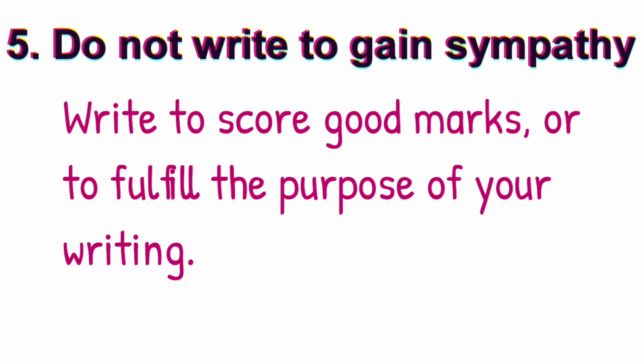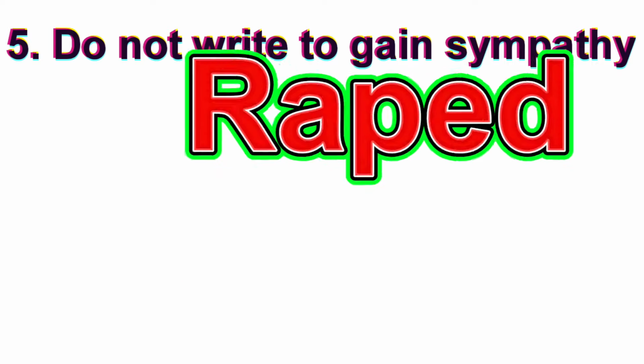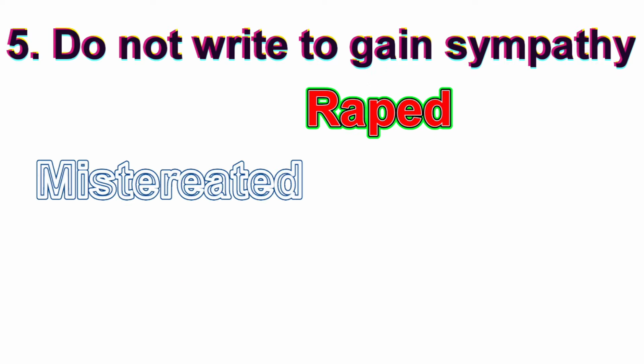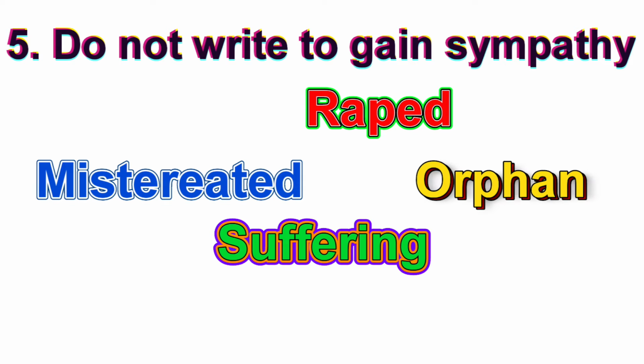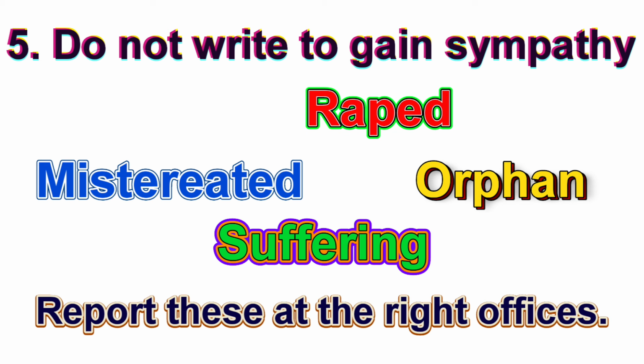Do not write to gain sympathy. In the exam room, you are writing to score good marks. So, if you were raped, mistreated, you are suffering, or you are an orphan, you cannot be helped during the examination. You need to report this to the right offices.